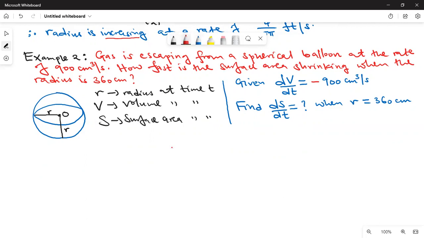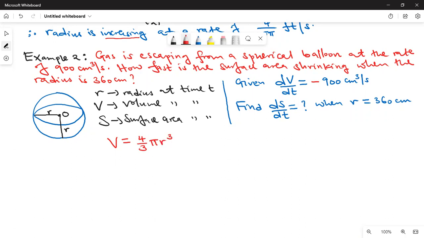We know that volume of a sphere is given by 4 over 3 pi r cubed. That is the formula for finding the volume of a sphere. 4 over 3 pi r cubed.